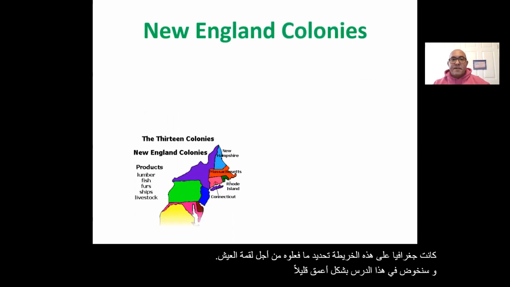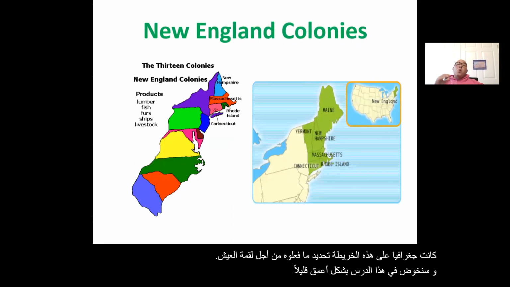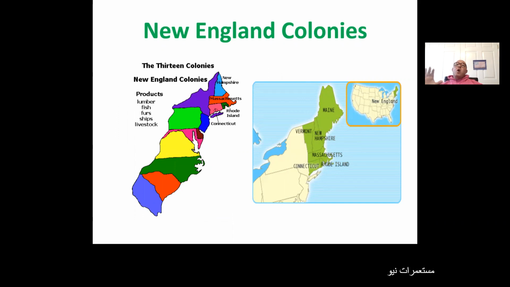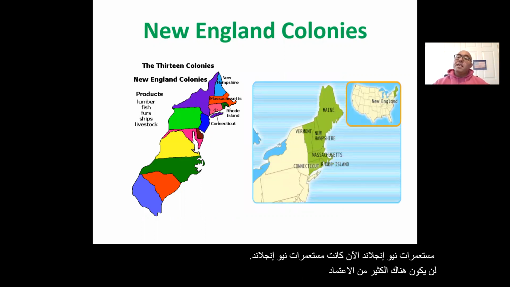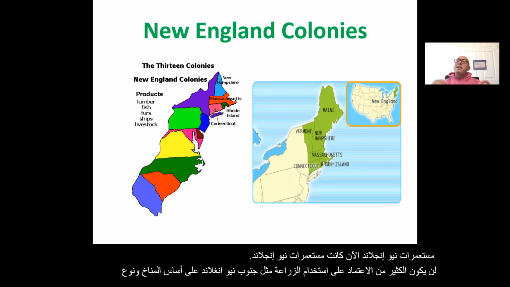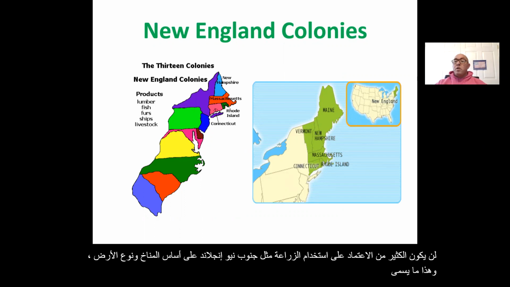New England colonies. Now, the New England colonies were not going to be so heavily reliant on agriculture as the South. Based on climate and land type, that's called geographical conditions, it wasn't suitable for agriculture. They had rocky soil.